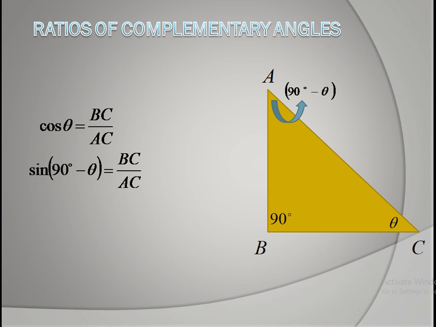When we take the angle 90 degree minus theta, BC will be the opposite side and AC will be the hypotenuse. So sin(90 degree minus theta) is equal to BC by AC. Now from these two we get sin(90 degree minus theta) is equal to cos theta.